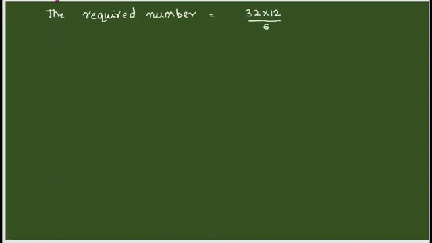Now if they get cancelled, you cancel them. 6 and 12 have common factor 6. So 6 ones are 6, 6 twos are 12. 32 when it is multiplied by 2, we get 64. So 64 is the required number. Therefore, the required number is 64.